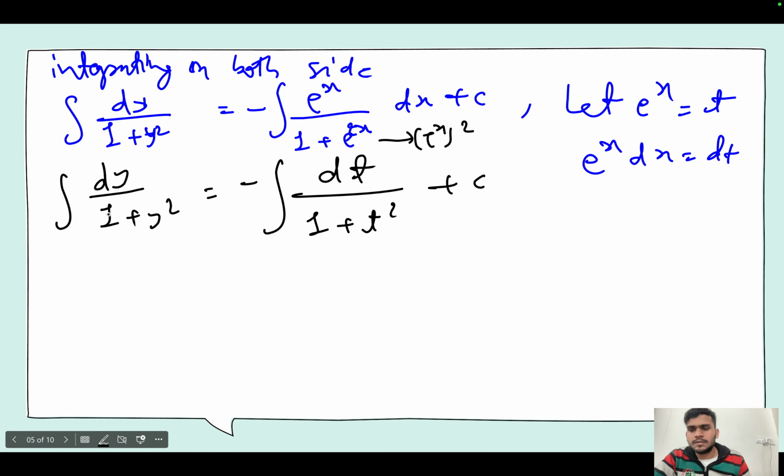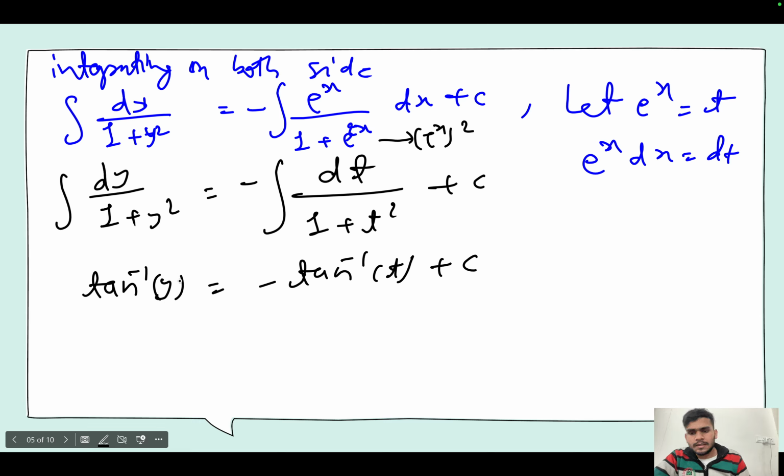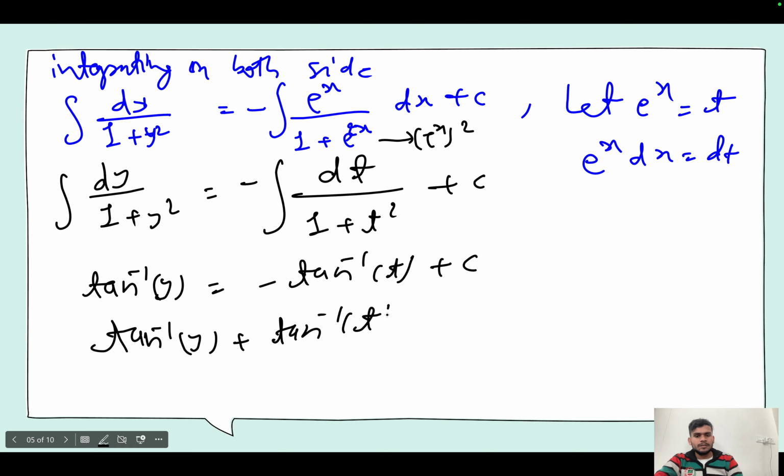Now integrate. This is the formula: this is the integration giving tan inverse y, and this is the integration giving minus tan inverse t plus c. Take this term to this side, so it will become tan inverse y plus tan inverse t is equal to c.